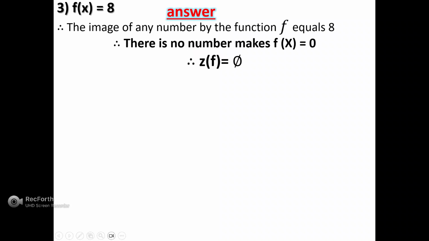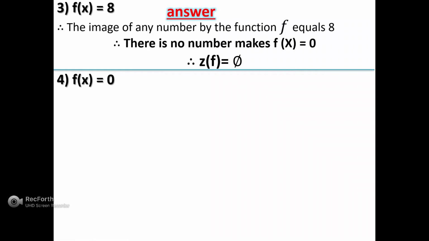Why? Attention with me. First step, we make the function equal 0. Our function is a constant function at 8. So if we want to make 8 equal 0, this is impossible. So there isn't any number that makes this function equal 0.